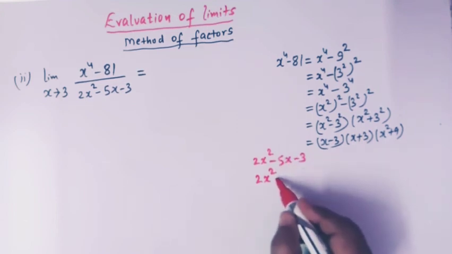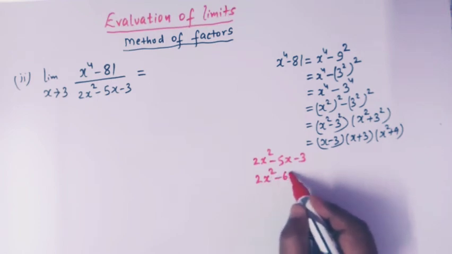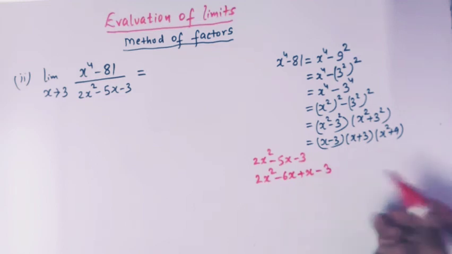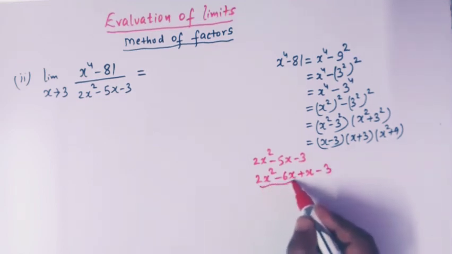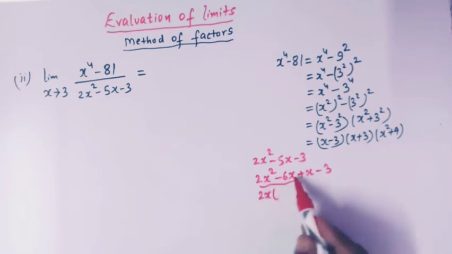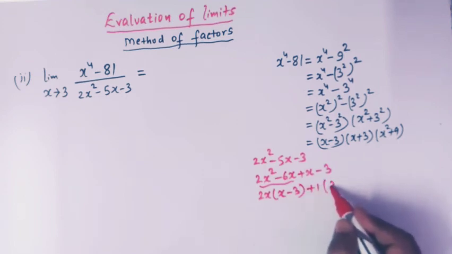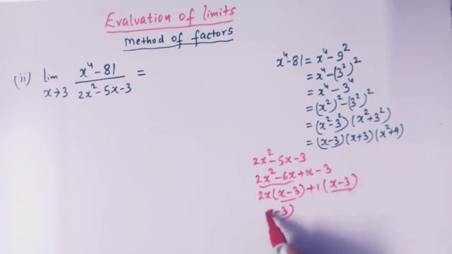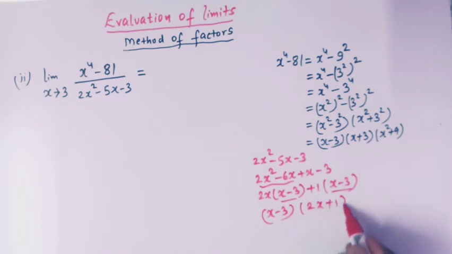So we can write it as 2x square minus 6x plus x minus 3, right? And taking 2x common from these two terms, we have 2x times x minus 3 plus 1 times x minus 3, right? So now taking x minus 3 as common, we have x minus 3 times 2x plus 1, right?